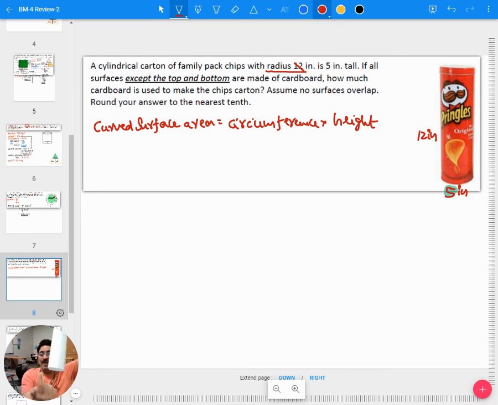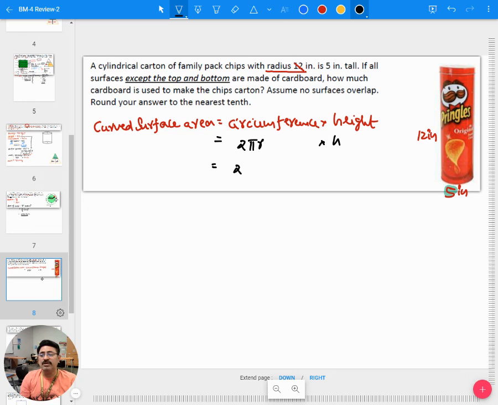So instead of length, I am taking circumference, and instead of width, I am taking height. Okay. The circumference of a circle is 2 pi r, and height is h.